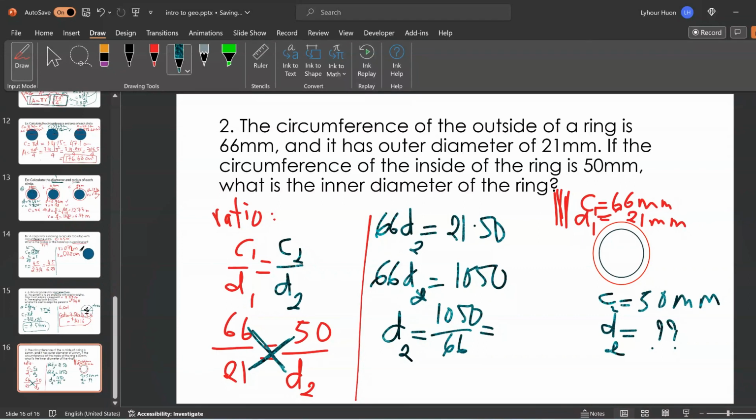1050 over 66. Oh, division. Okay, division.